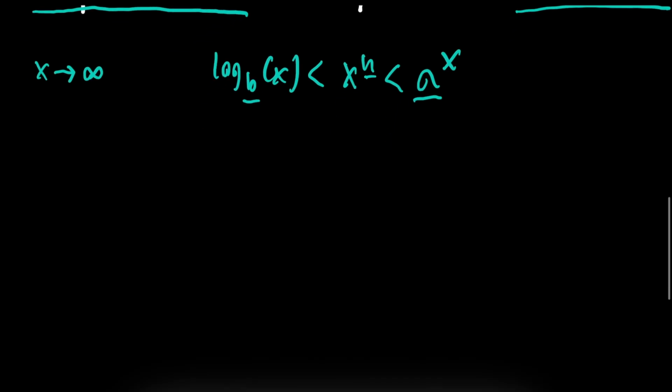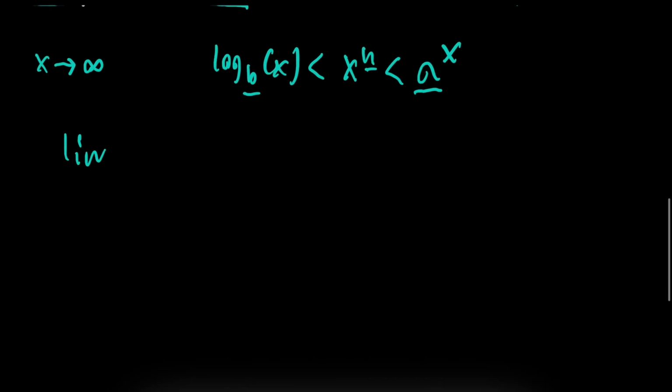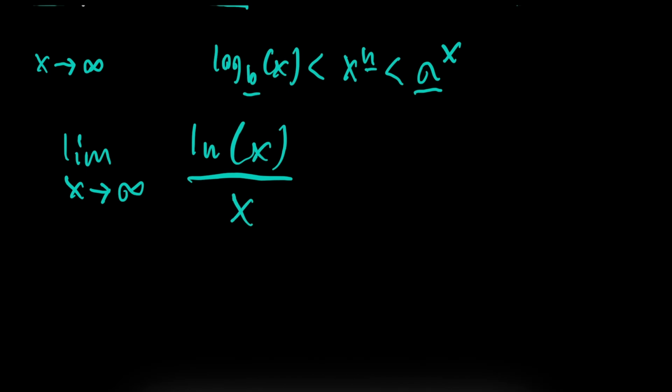Let's do some examples down here. The limit as x approaches infinity of the natural log of x over x is going to be 0, right? Because this natural log of x term will have a much slower growth rate in comparison to this linear x term in the denominator.